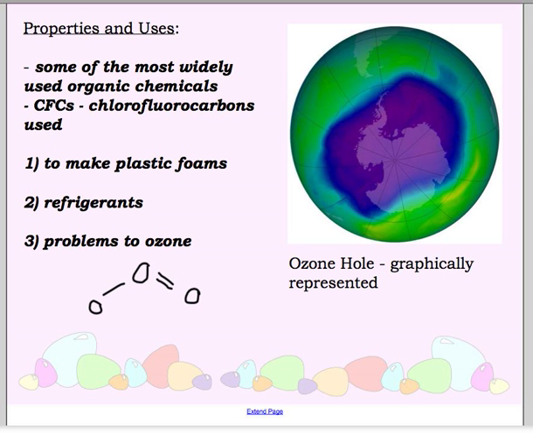And what they were finding is that the CFCs were able to bond to these oxygen molecules, and it was preventing them from reforming ozone. What would happen is the ozone molecule would be around for a while, it would fall apart, and then eventually some of the oxygens would bump into other oxygens and make a new ozone. To put it very simply, the CFCs were getting in the way, preventing the ozone from reforming.